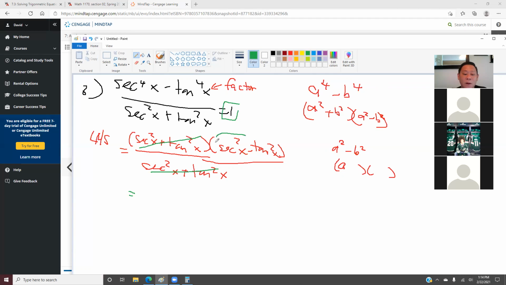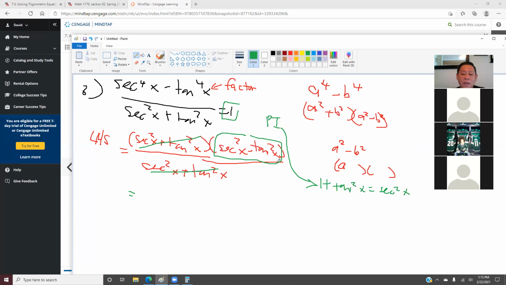So can someone tell me what can we do with this one? Pythagorean identity. What's the Pythagorean identity says for secant and tangent squared? 1 plus tangent square x equals to what? Secant square x, right?